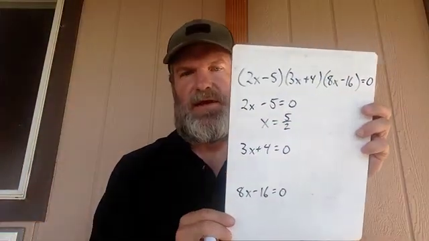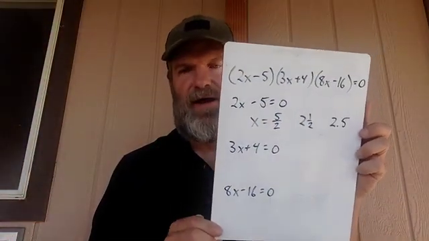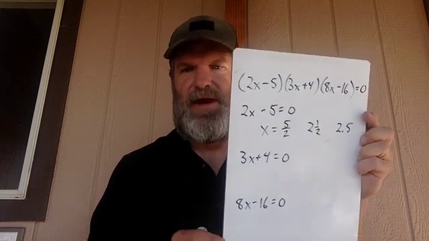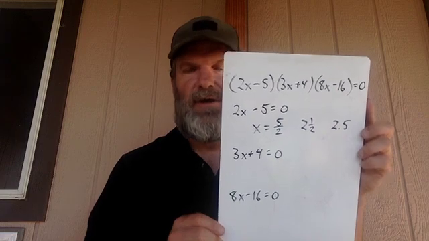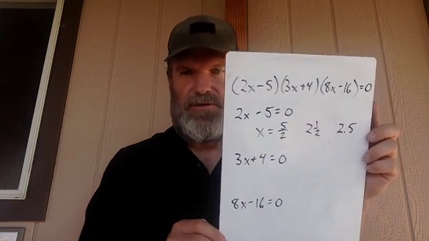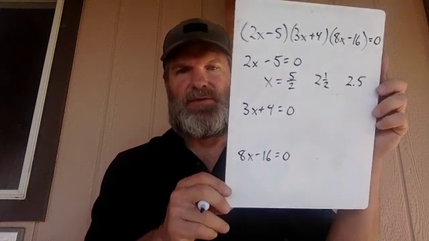Now, you can leave that as your answer. You can reduce it to this. You could also say this. All those are perfectly fine, depending on what level math you're in. One of the forms may be better than the other. As of right now, I don't really care which one you use, as long as you're getting one of those 3.